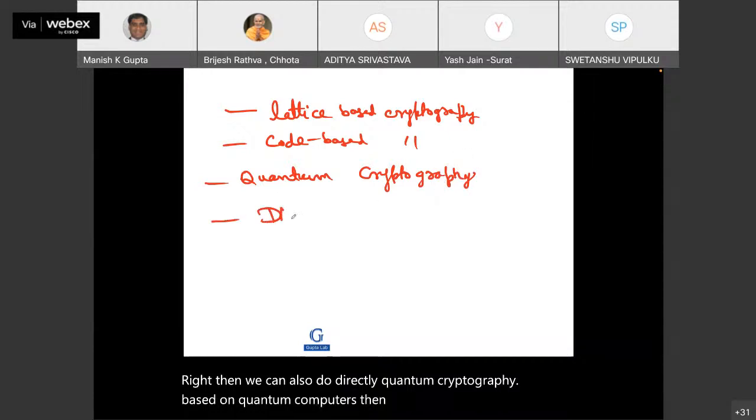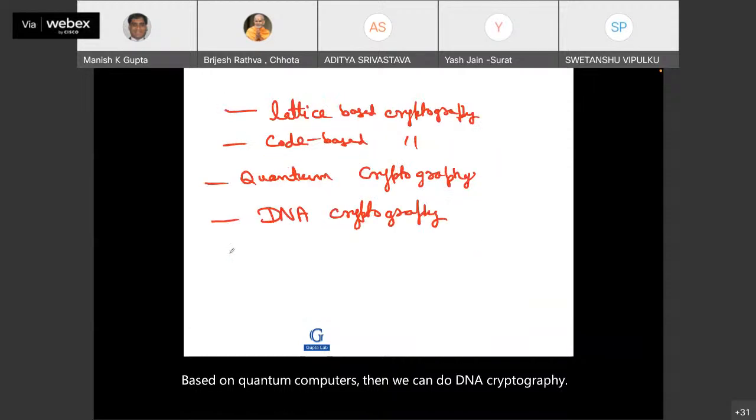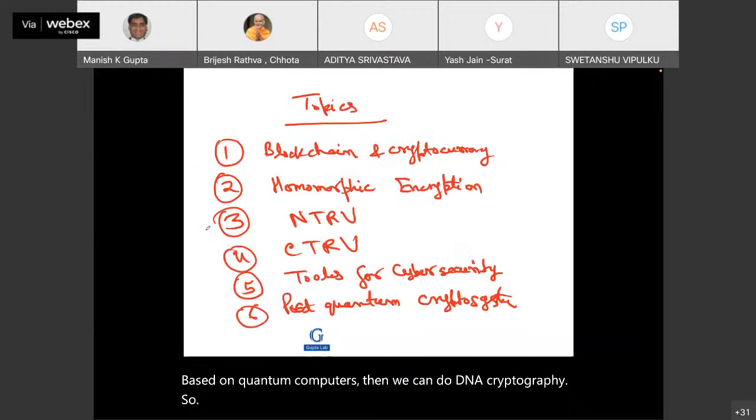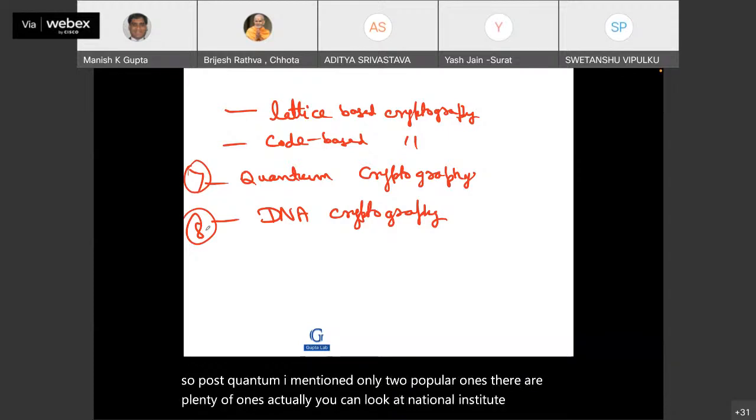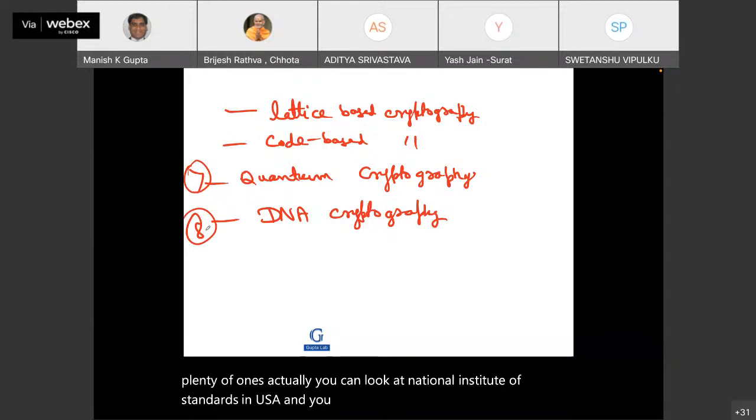Then we can do DNA cryptography. Okay, so post quantum, I mentioned only two popular ones. There are plenty of ones. Actually, you can look at the National Institute of Standards in US, and you will see a lot of candidates. But these are the two popular ones, actually.